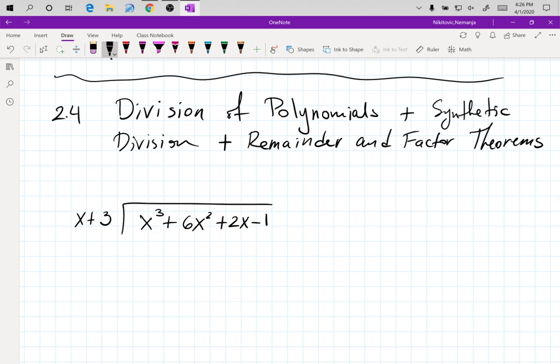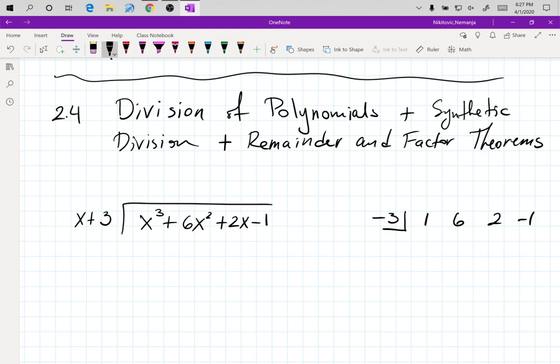And you can also do this as a synthetic division as root is negative 3, right? Because if it's x plus 3, when you set it equal to 0, you get negative 3. And then coefficients are 1, 6, 2, and negative 1.